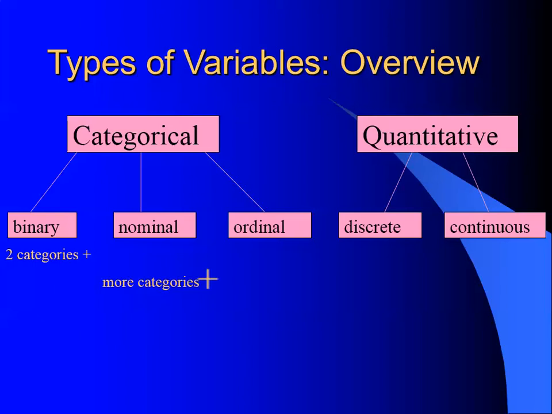Under categorical, we are talking about non-numerical data, like names of persons or places, or even time periods, like a number of weeks or months.